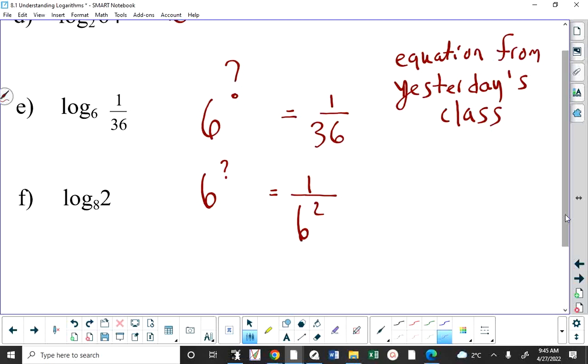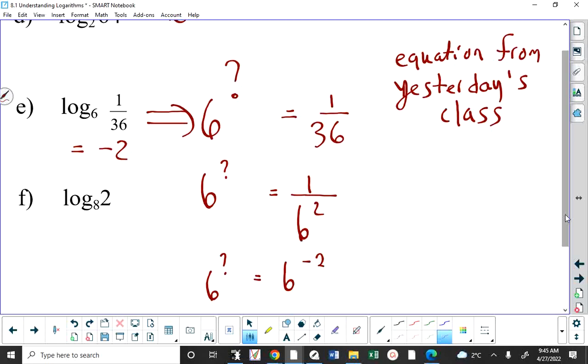And 6 to the 2 on the bottom can be rewritten as 6 to the -2 on the top of the fraction. So, William, you had indicated you knew what it was to begin with. Does that match what you thought? And some of you, as soon as I wrote this, I think, Marcel, you realized what it was.